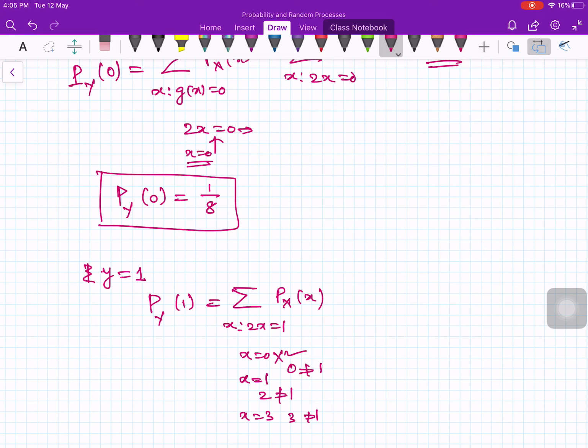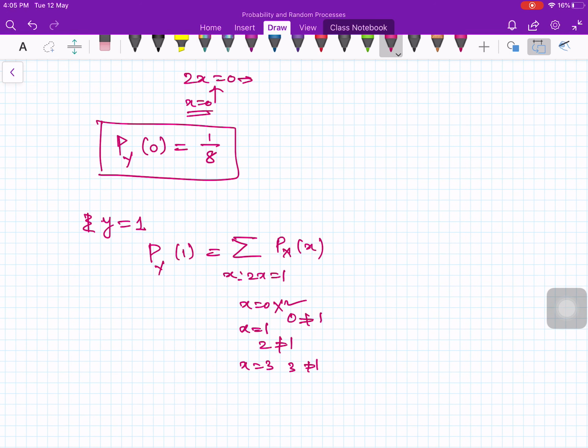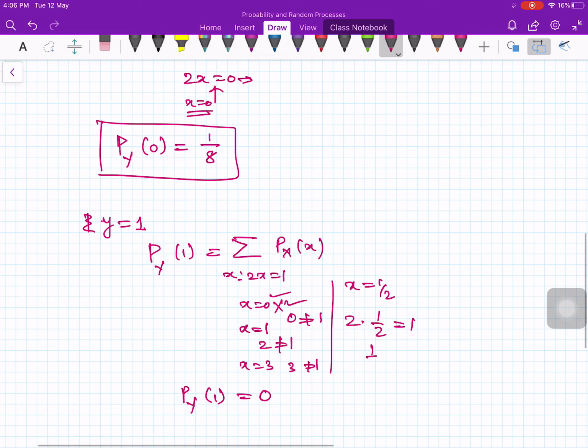Therefore no value will satisfy this, so p_Y of 1 is 0. Or you can say x equal to 1/2 gives 2 times 1/2 equal to 1, so it satisfies the condition.